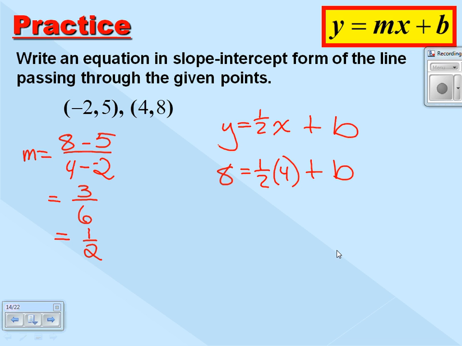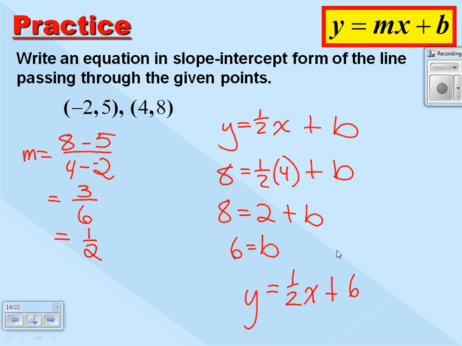Let me simplify: 8 equals 2 plus b. Therefore, 6 equals b. So I have everything I need. I have the slope and I have the y-intercept. My answer for this is y equals 1/2 x plus 6. That's my answer.